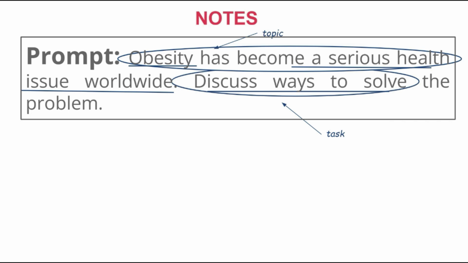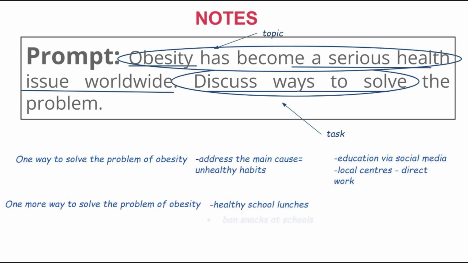You can make notes that this is a topic, this is a task, or just circle, or just use any other line to make it clear for yourself that that's your topic and that's your task. And then I would only write down my notes without marking that it's a body paragraph or signing that some ideas are key ideas or other ideas are supporting. So this is what my notes would look like.